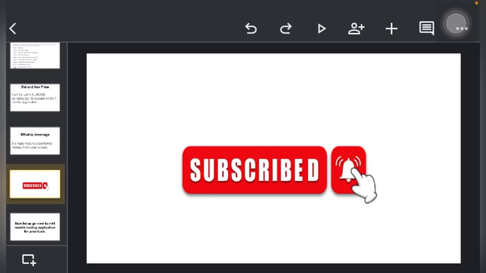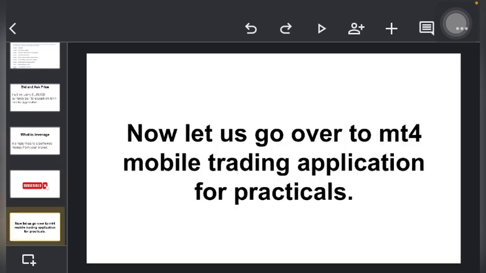Now let's move to the practical aspect. Let's go over to the MT4 mobile trading application for practicals. I'll be taking you through my phone so you can understand better, because that is what this workshop is about. You don't necessarily need a laptop before you can trade Forex. Things are very simplified now.